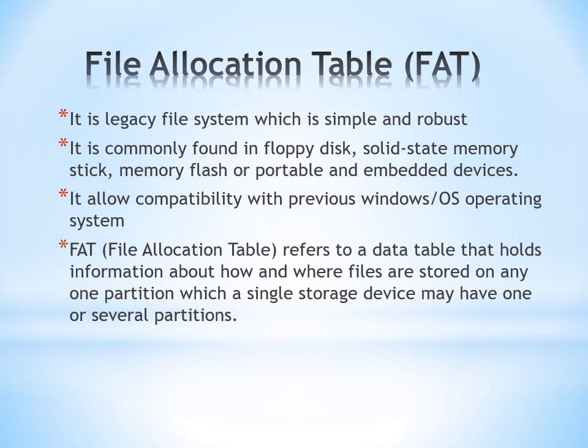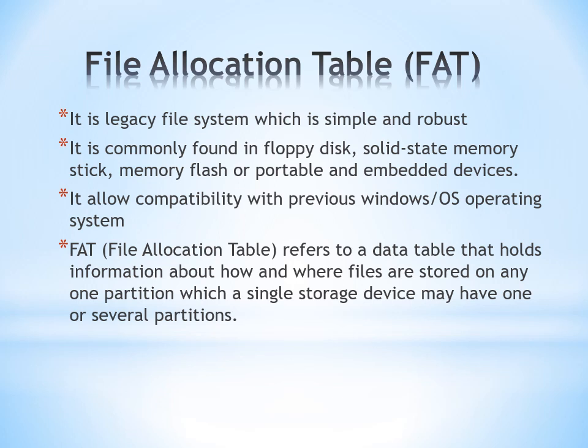Another type of file system in Windows is FAT, the file allocation table. It is actually a legacy file system, which is simple and robust. Normally this FAT we can find in floppy disks, solid state memories, flash memory, and also portable and embedded devices.